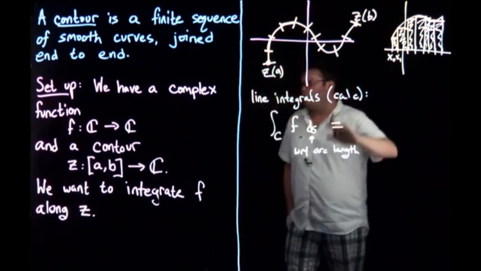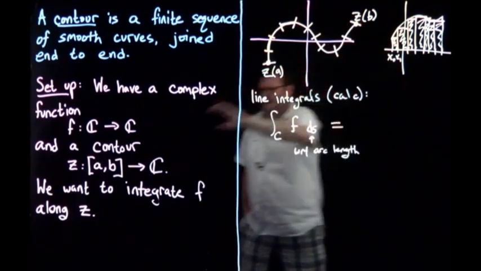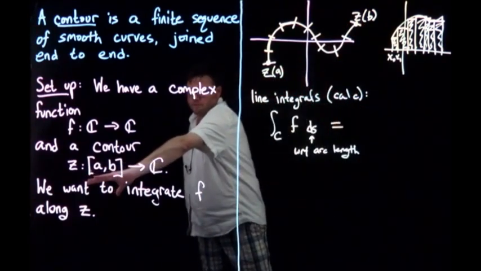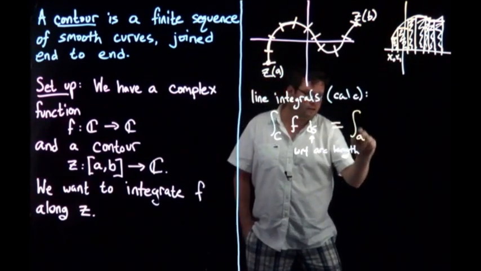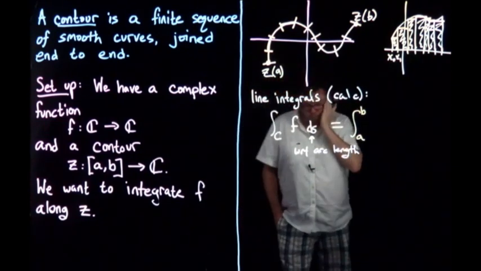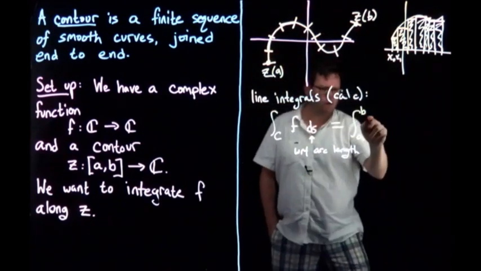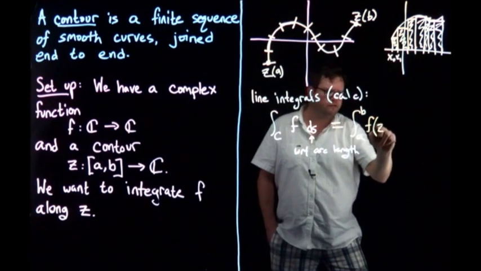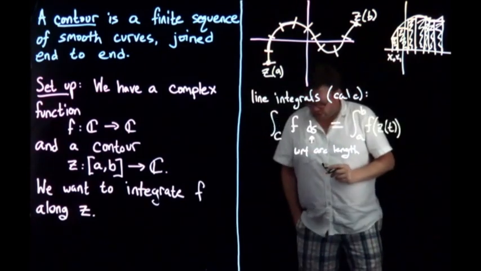Now, in the case where our curve is parameterized by the function z, whose bounds are a and b, this would become the integral from a to b of the function at the curve, f of z of t. And now, where does the arc length come in?